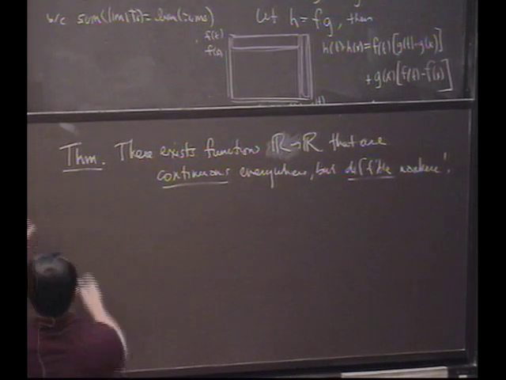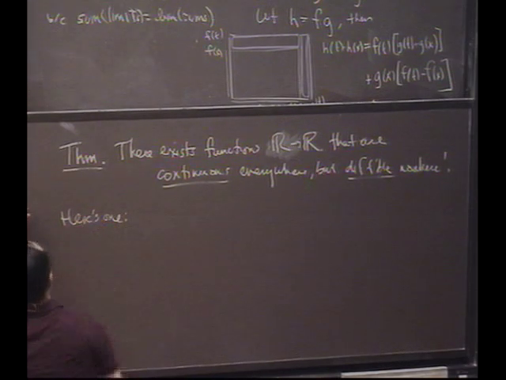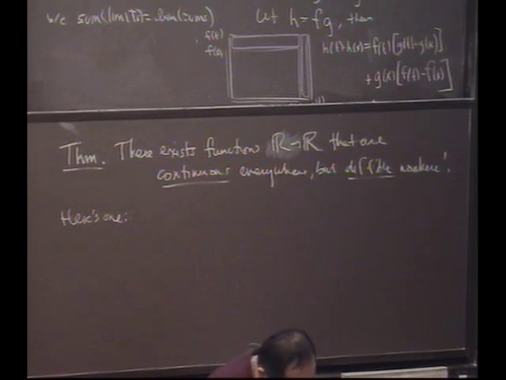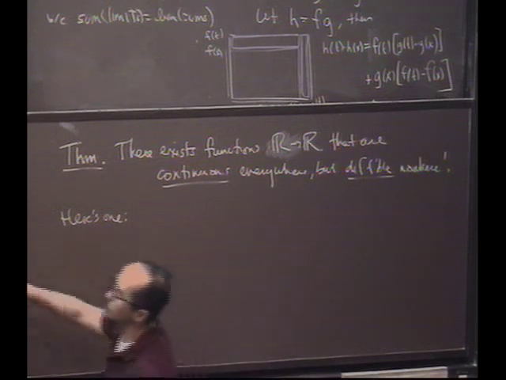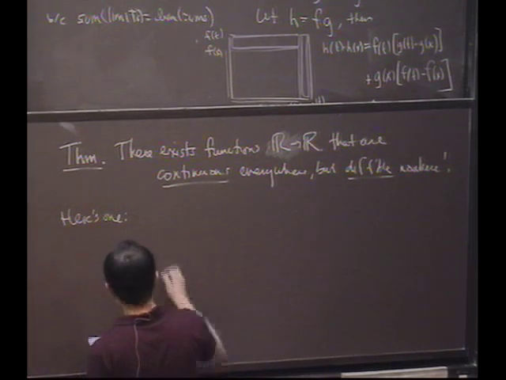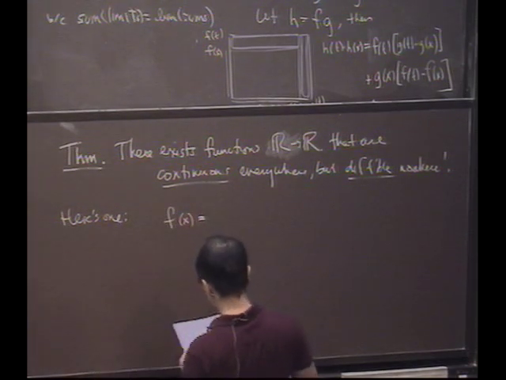Show me a function besides something that looks like this. Okay, well, here's one. When I write this down, of course, you'll be able to see at least why it might have this feature, but there's some funny things about this function. So consider the following function.